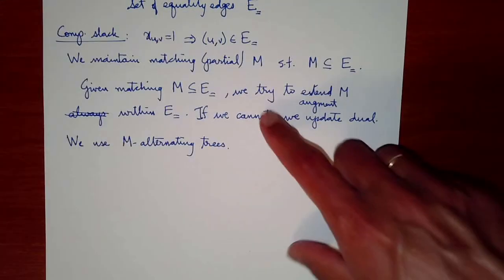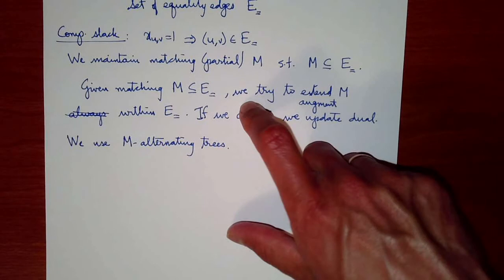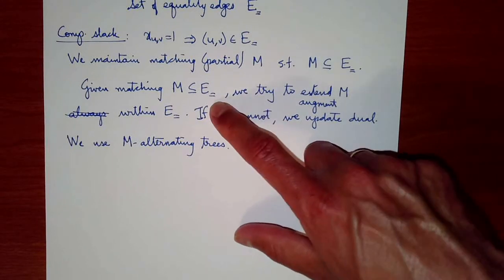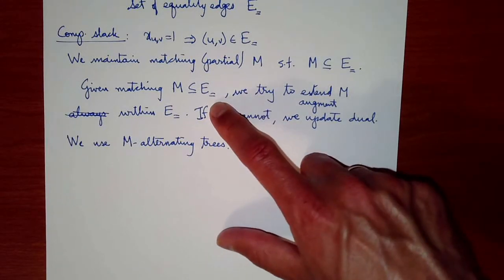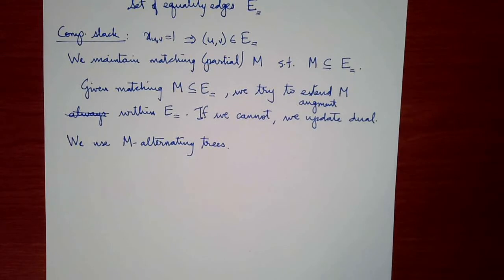Let me show you what I wanted to maintain. What is it that we need to maintain with respect to the alternating tree? Any suggestions?